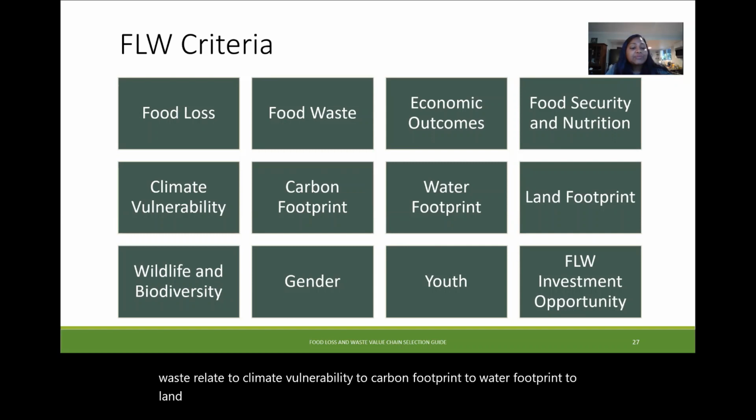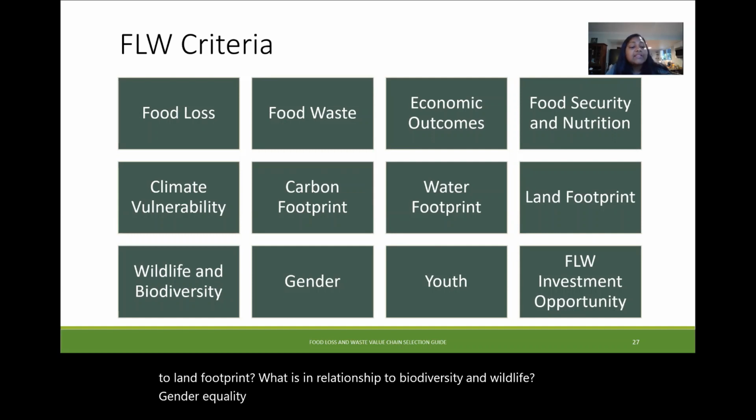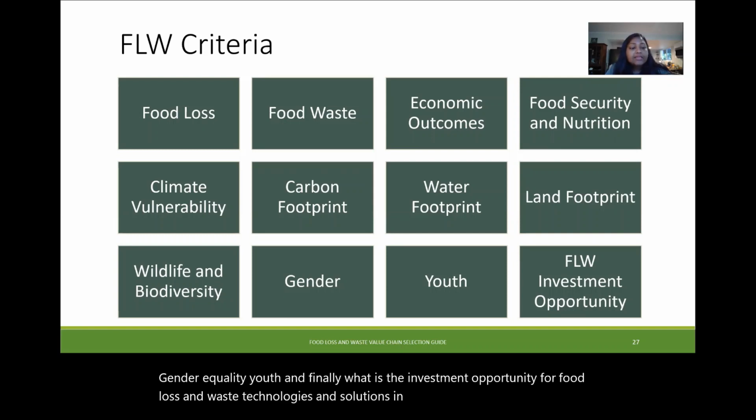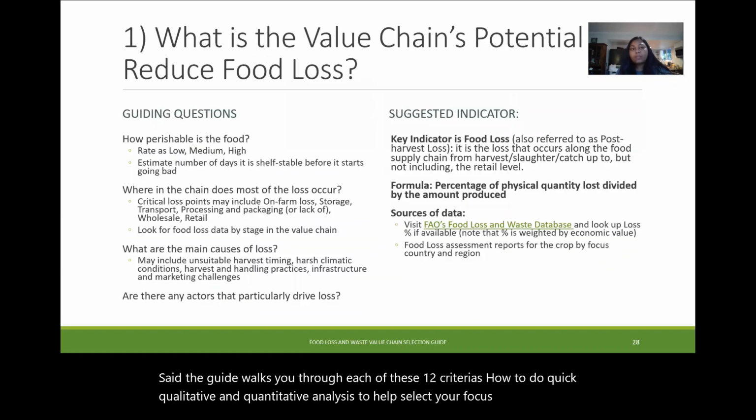What is the relationship to biodiversity and wildlife, gender equality, youth? And finally, what is the investment opportunity for food loss and waste technologies and solutions in this value chain? So the guide walks you through each of these 12 criteria and how to do quick qualitative and quantitative analysis to help select your focus crops.